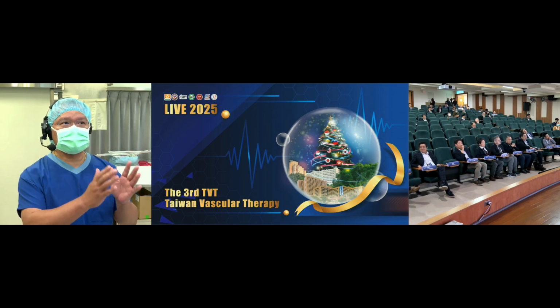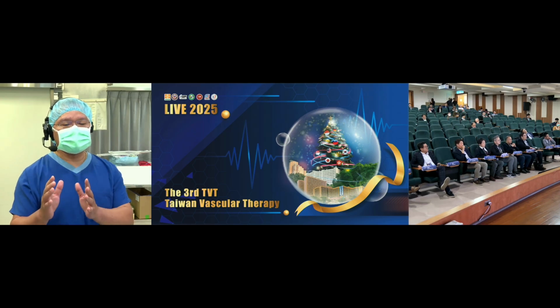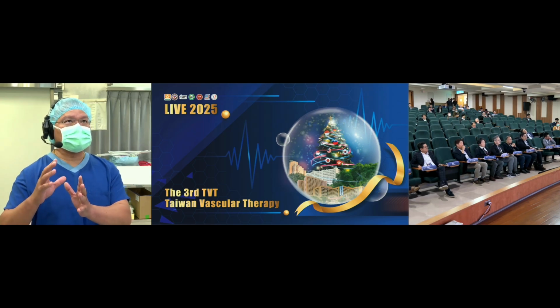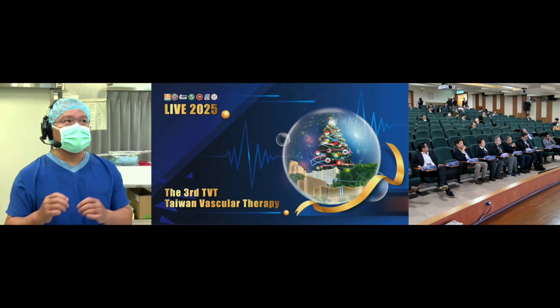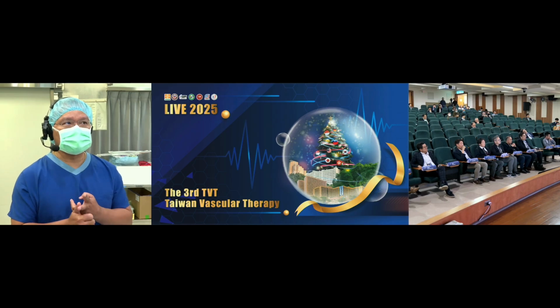So the first step is just to open the distal runoff. The second step is to treat the aneurysm. But if it's severe ischemia, you don't have much time. You should treat the aneurysm and the distal runoff at the same time, no matter endovascular or surgical treatment.